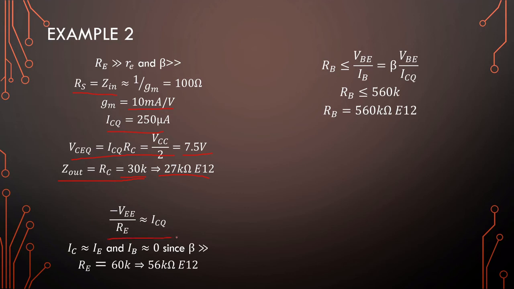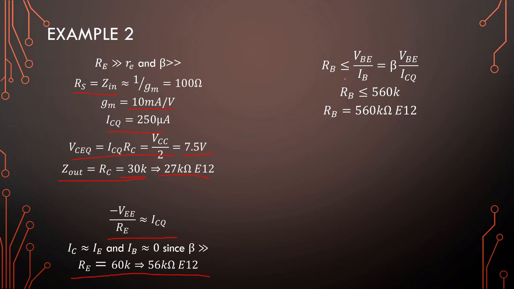Then using V over RE is our ICQ point with the necessary assumptions, and that yields 60 kilo ohms for our emitter resistor, choosing 56 kilo ohms as the E12.